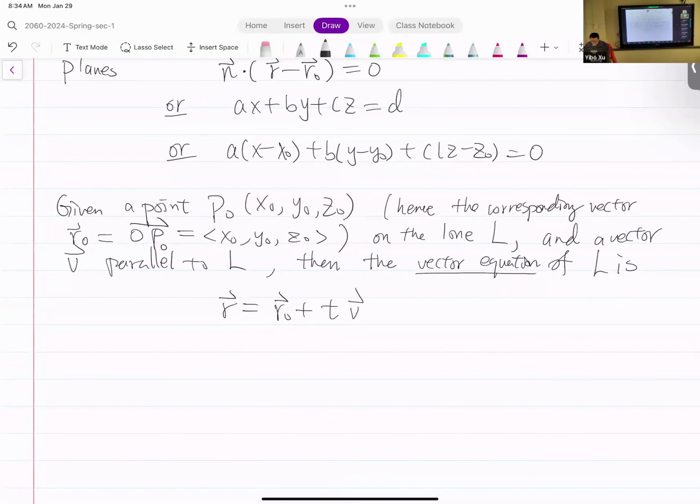This is actually pretty straightforward. From the point P0, you can extend along the line as long as you follow the direction v, because v is a direction that's parallel to this line.